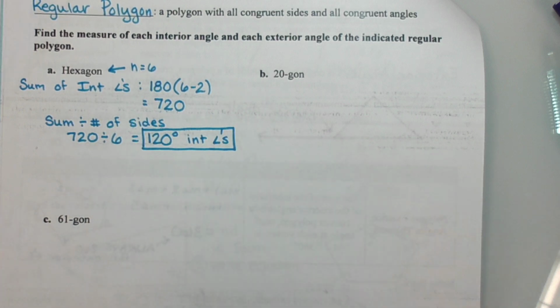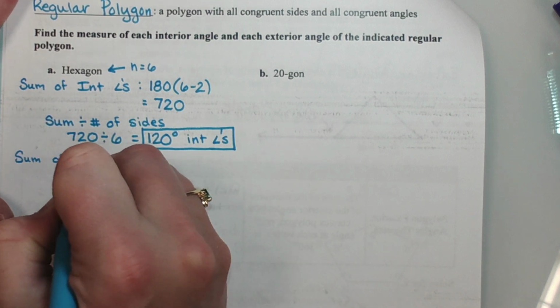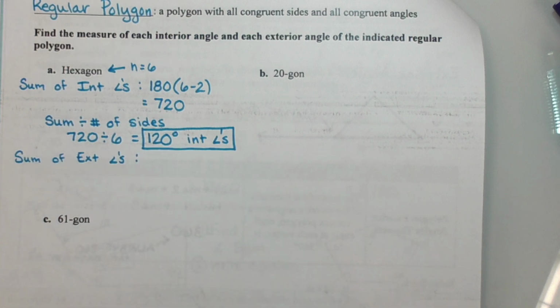Did we answer the question? Not fully, because it asked for each individual interior angle as well as each individual exterior angle. Thankfully, much of the process is similar. We find the sum of the exterior angles. Now this is easier, because what is the sum of the exterior angles of every single polygon in existence?